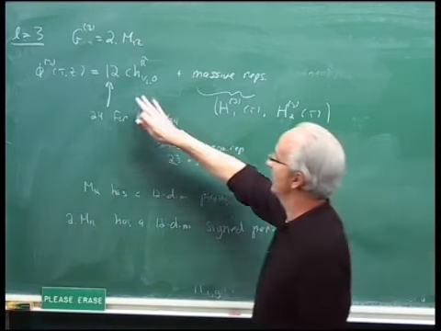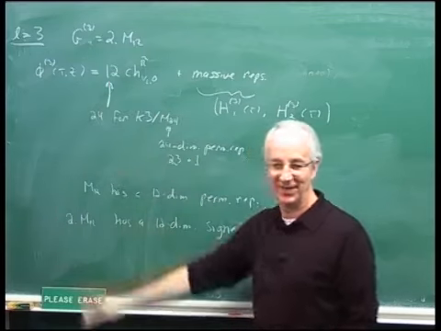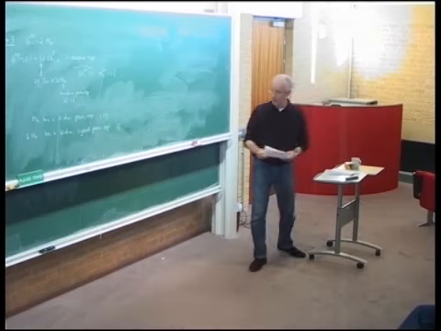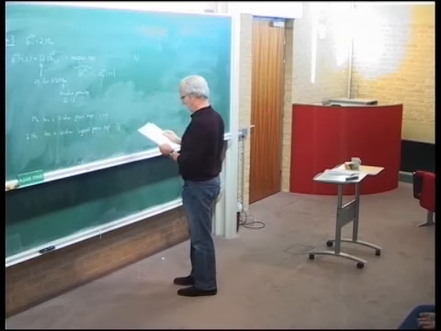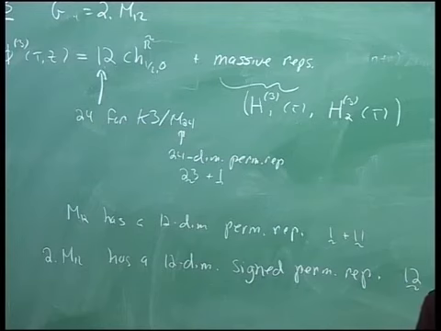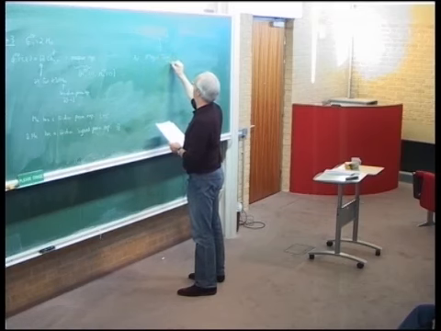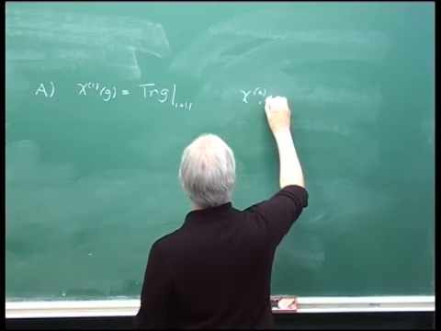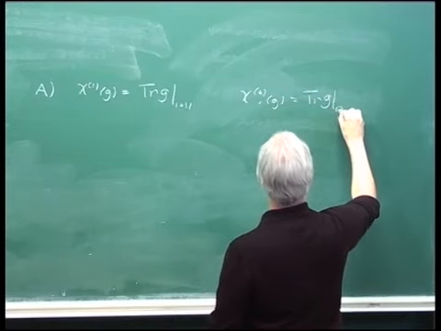So if you want to compute Thompson series, you have to figure out whether 12 is 12 or 1 plus 11. And it matters. And it turns out that things fall into 2 classes. So define chi1 of G to be the trace of your group element in the 1 plus 11, and chi2 of G to be the trace of G in this 12-dimensional representation.